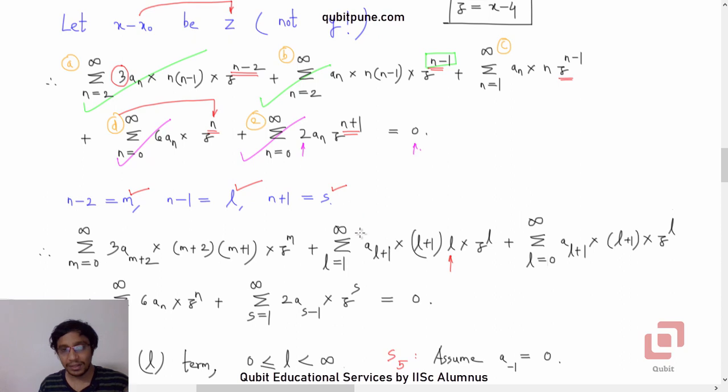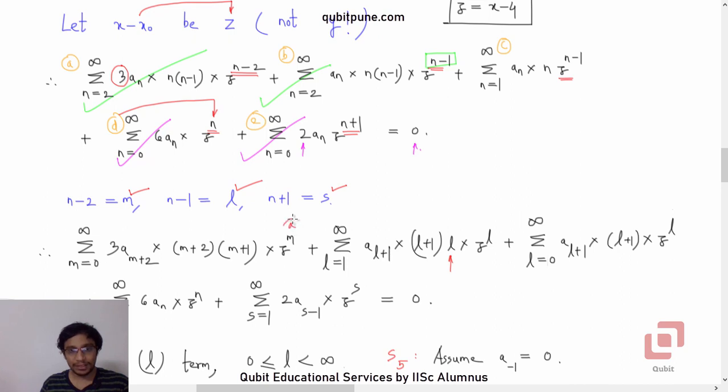So what this does is, if we go to the next step, due to the substitutions of n minus 2, n minus 1 and n plus 1, all 5 sums A, B, C, D and E will have the summing variable as the power of z. You may see that now.